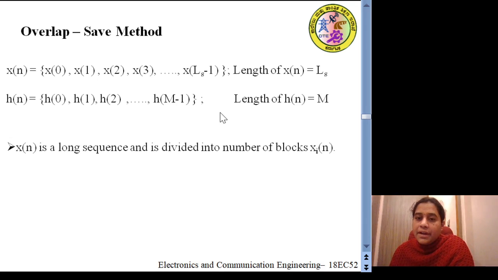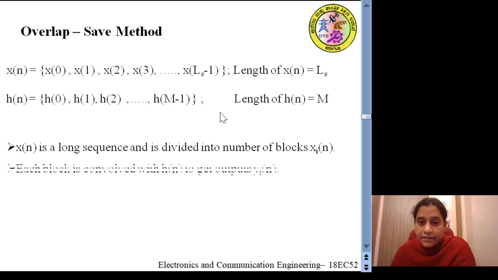According to the strategy, we have to take the incoming input signal x of n, which is longer and has more samples, and divide it into a number of blocks xi of n.